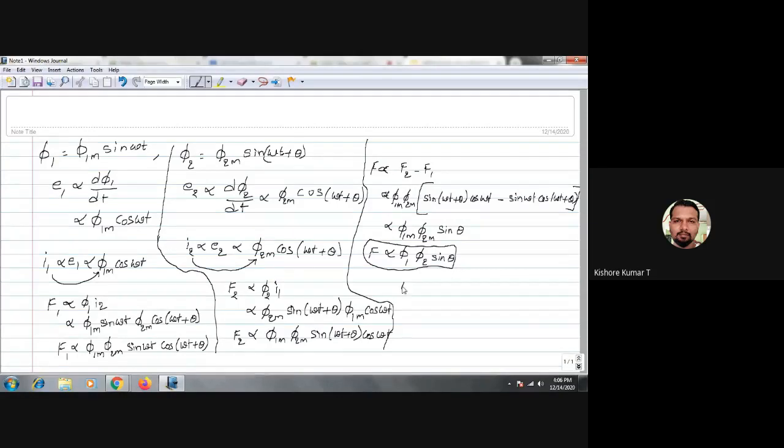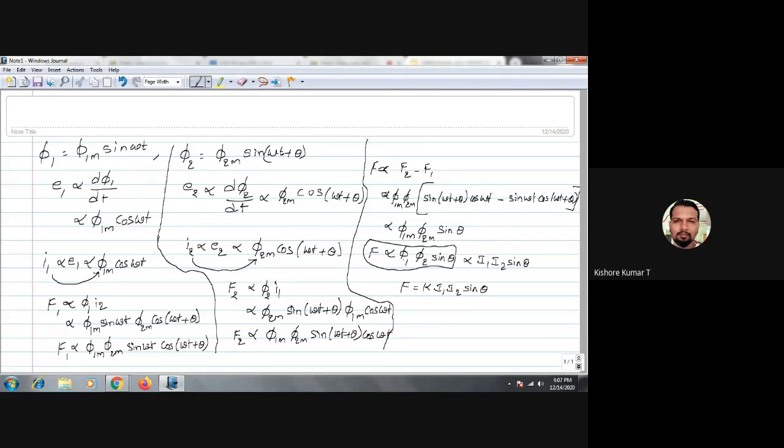So if you remove this proportionality and write phi in terms of I, k into I1, I2 sin theta. Why? Phi 1 is proportional to I1 and phi 2 is proportional to I2, where I1 and I2 are nothing but the eddy currents which are set up due to phi 1 and phi 2.